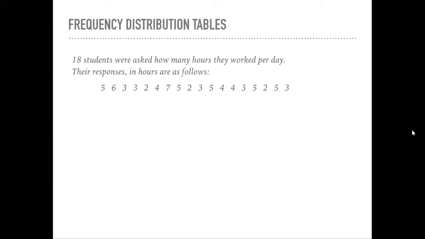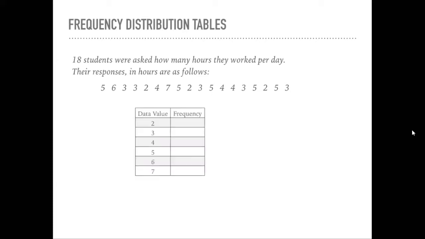But we could go through there and say, hey, there's multiple times that we see a 5, lots of times that we see a 3, and what other values do we see? Well, all the values that we see are 2, 3, 4, 5, 6, and 7. And we could go through and create a table here where we list all of the data values that we see, and then we list the frequency that each one occurs.